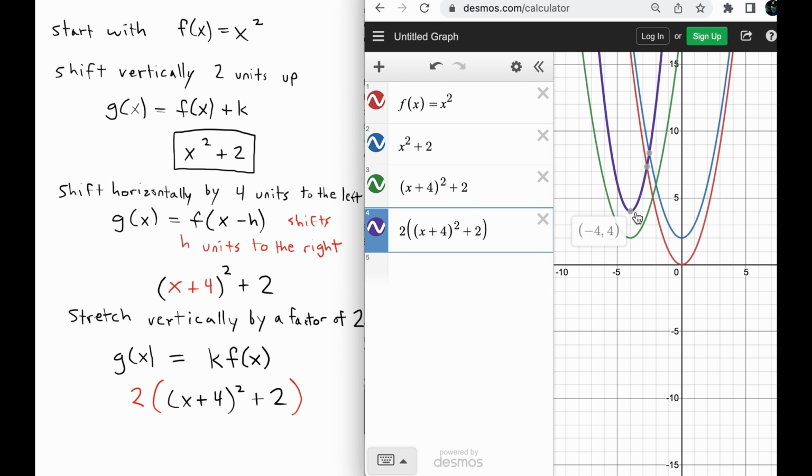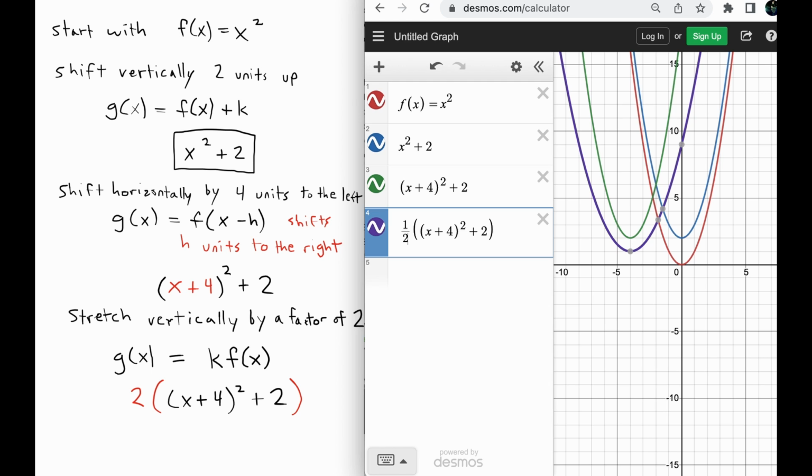So what's happening is every point that's on the function previously will be moved twice as far away from the x-axis as it was. And so that would be considered what's called a stretch. If we had done a compression, we could have done, say, 1/2. And now what we're doing is we're flattening it out, so the smaller the factor, the more you squeeze it.